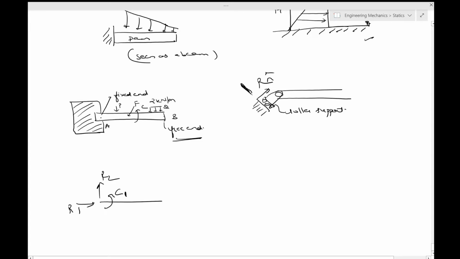So that's why this R1, R2 and C1, all of it have to come, other than the usual P, F, C and this Q loading.